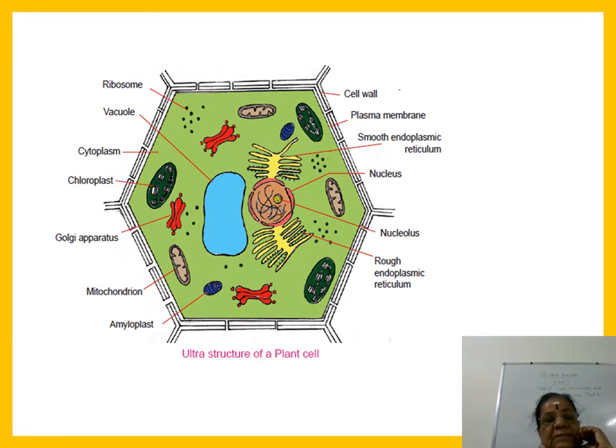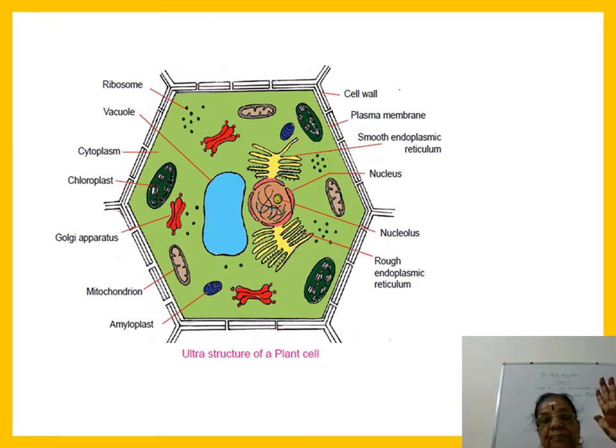So the plant cell will have an outer cell wall which is rigid and with a definite shape. So in the plant cell, there is a definite, rigid cell wall. Inner to that, all that green color is the cytoplasm. And cytoplasm includes certain living inclusions and certain non-living inclusions.